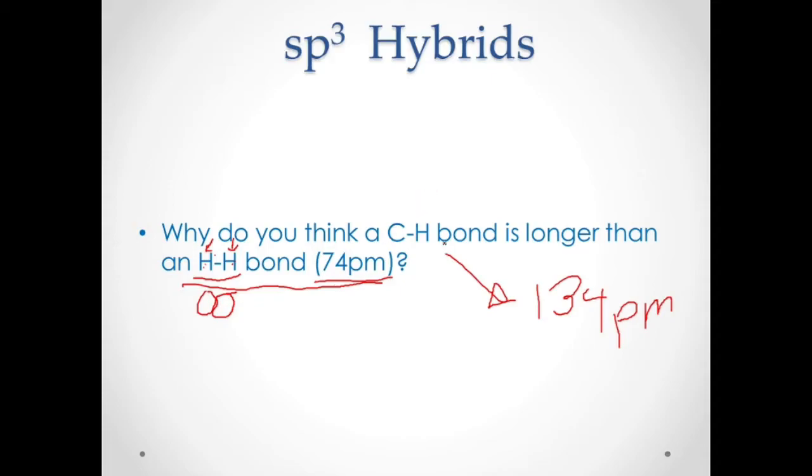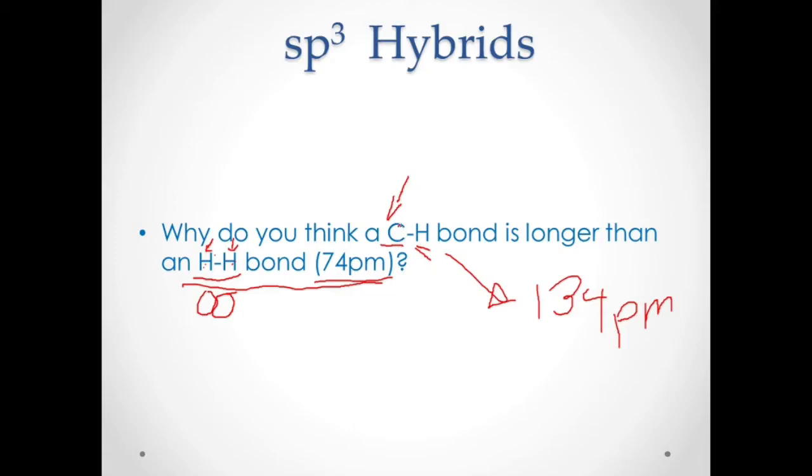Well for the CH bond, remember that your carbon is actually bigger than your hydrogen. And also your carbon contains a lot of electrons and protons compared to your hydrogen. So this will make your bond longer because of repulsion.